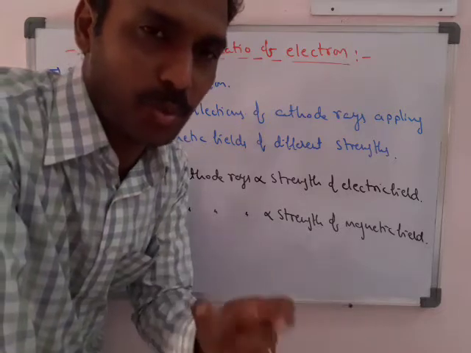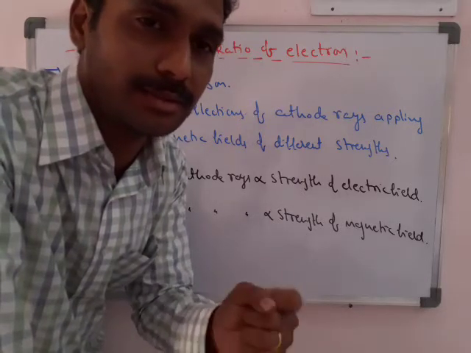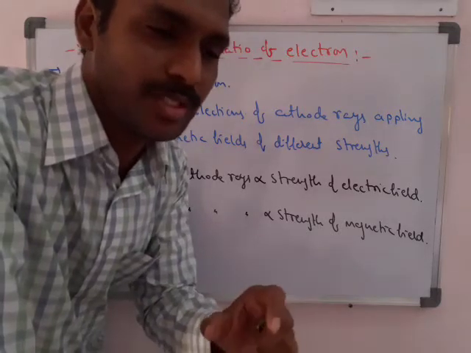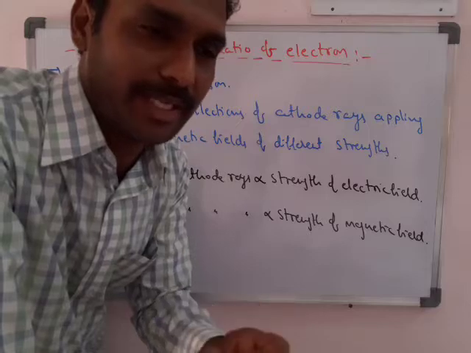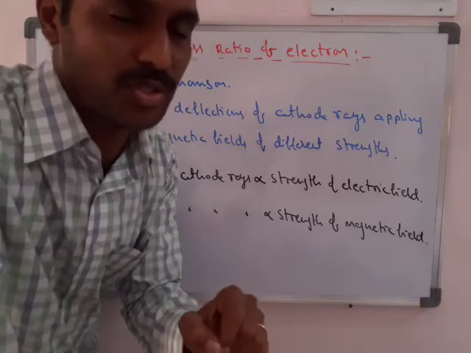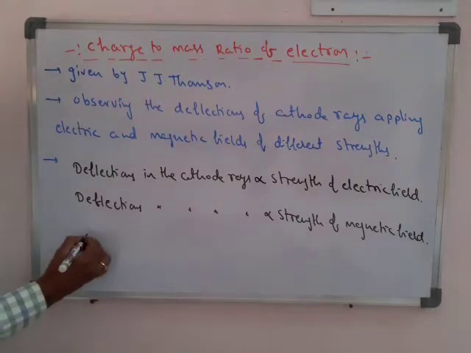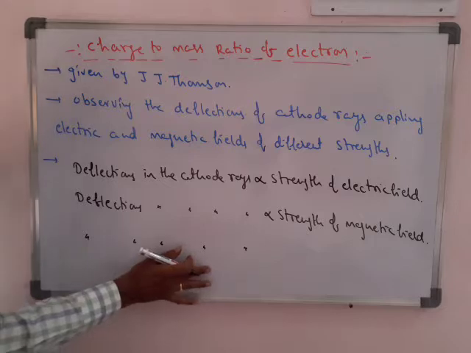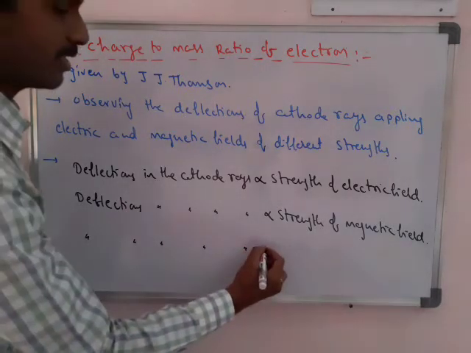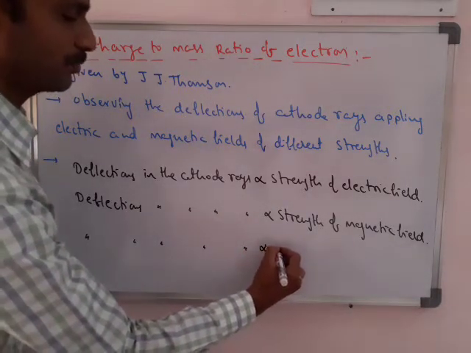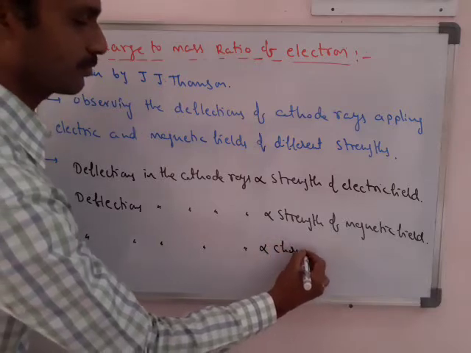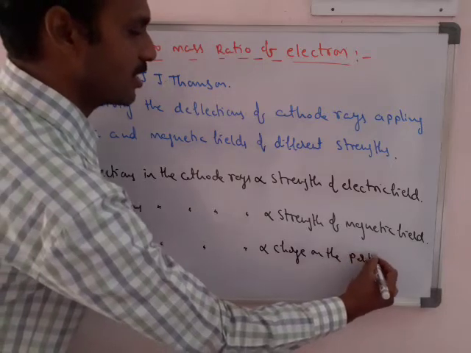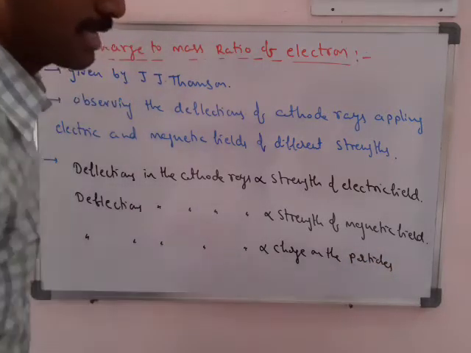But using other rays also, not only cathode rays, by applying electric field and magnetic field, he got the observation that the deflection in any rays is directly proportional to the charge on the particles present in those rays.